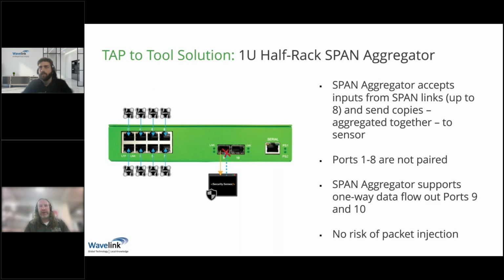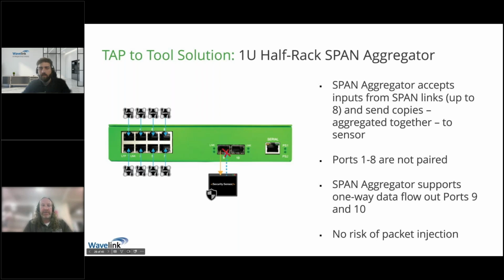So what we're showing here, Marcus, is 8 span ports coming in, being aggregated. Then we're sending that to your security sensor, and you'll see that little red X there. There's no way for traffic to go from the monitoring port back to the span port traffic, so it isolates that.